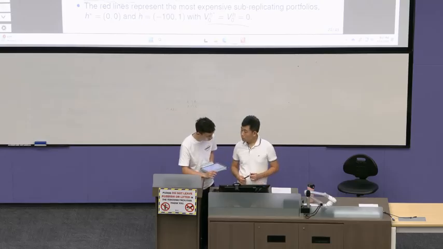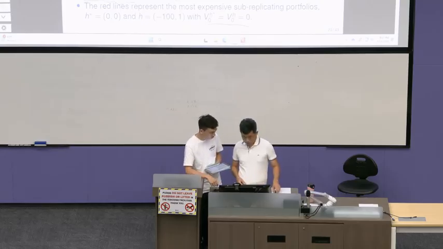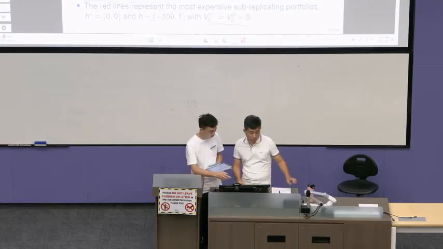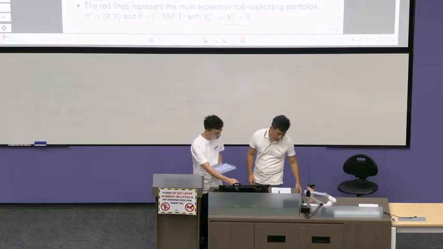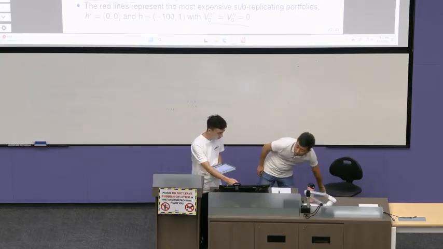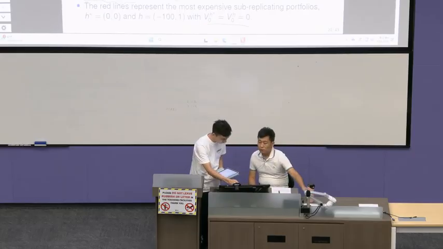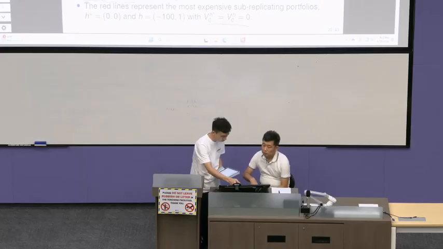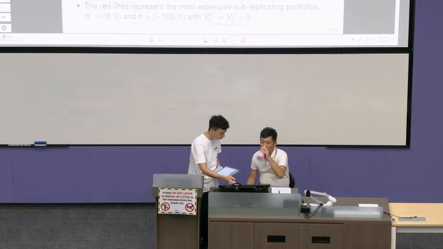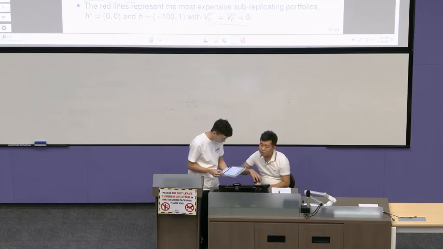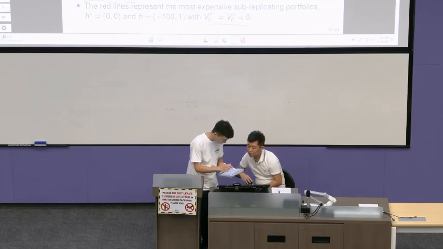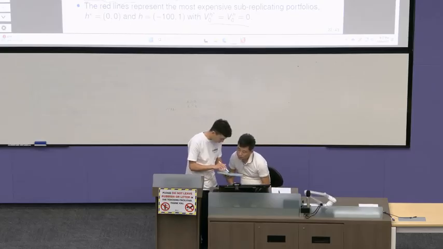If I see this portfolio is more expensive, for example, if S1 is 110 and the payoff of this line is greater than this, we see it's more expensive. But what if I draw this line? I draw this one. Is it more expensive or cheaper?